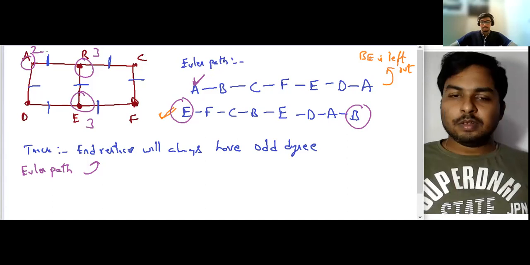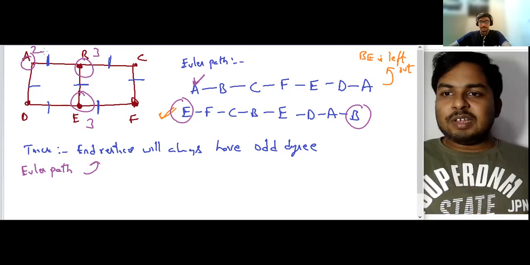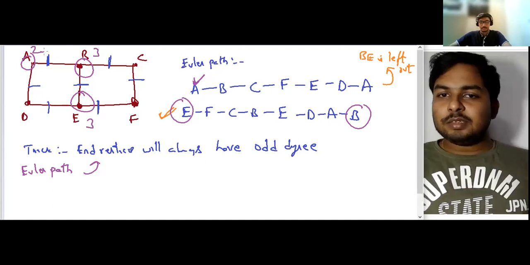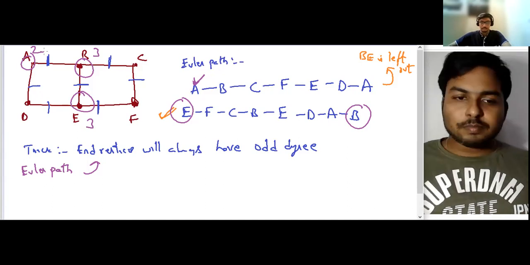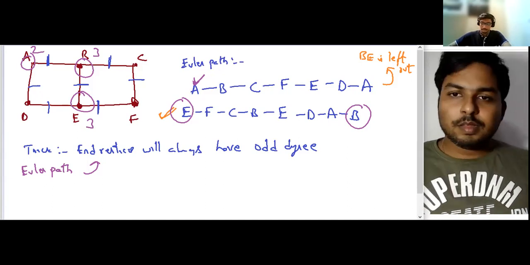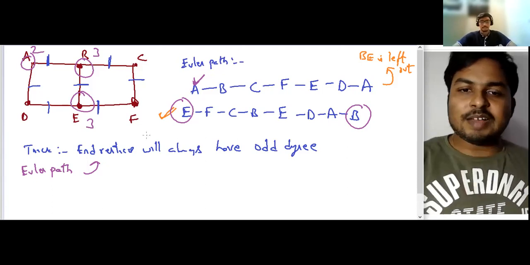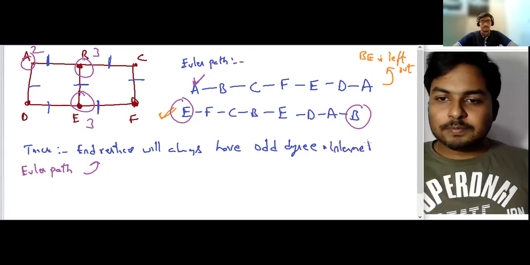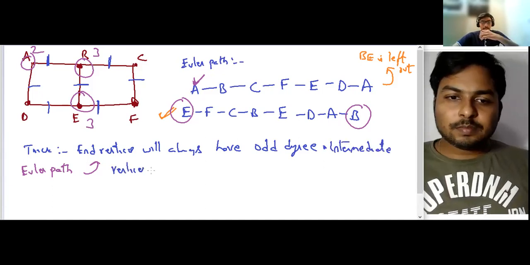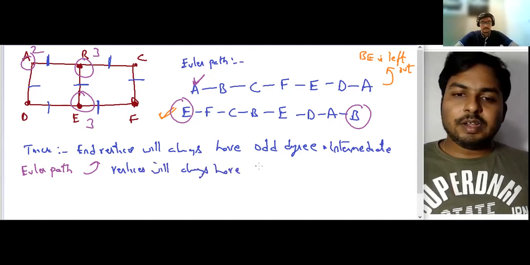Understood? So the moment you see a graph, and someone is asking you to draw an Euler path, start from a vertex which has odd degree. Okay? So the trick is that in an Euler path, end vertices will always have odd degree, and intermediate vertices will always have even degree.